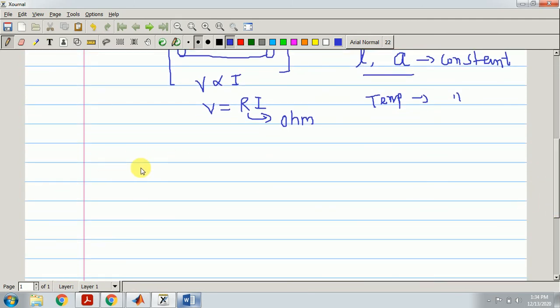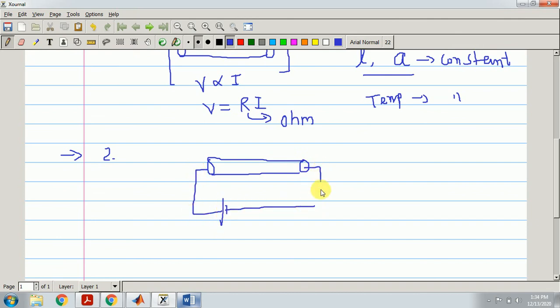Now let's understand this Ohm's law in another way. Let's say we have a conductor like this, and we connect a source across this conductor. In this case, how can Ohm's law be defined?